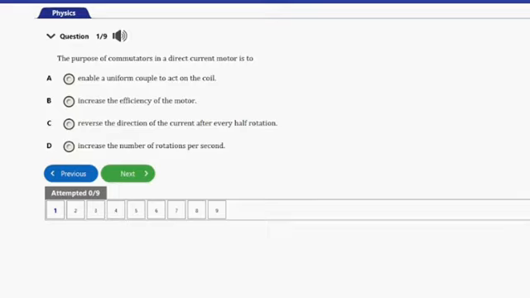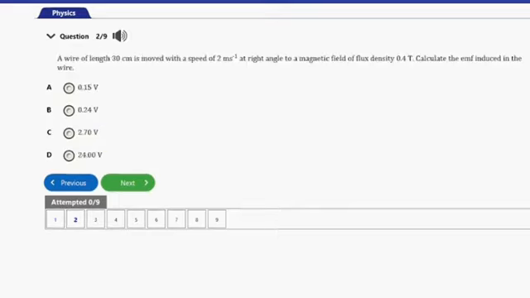Let's go ahead and consider the next question. That's question number 2 here. It says, a wire of length 30 cm is moved with a speed of 2 meters per second at right angle to a magnetic field of flux density 0.40. Calculate the EMF induced in the wire.